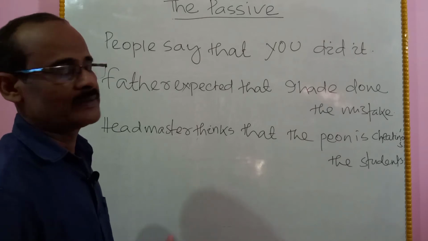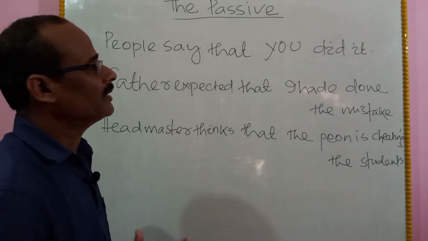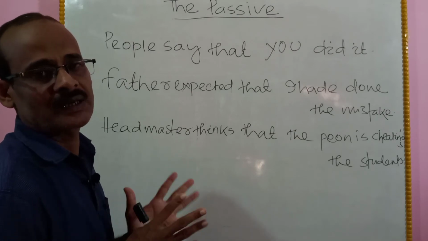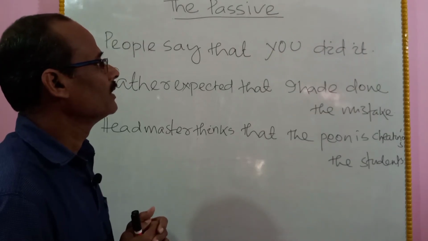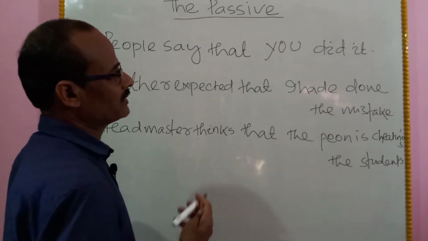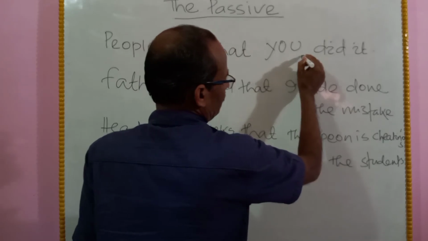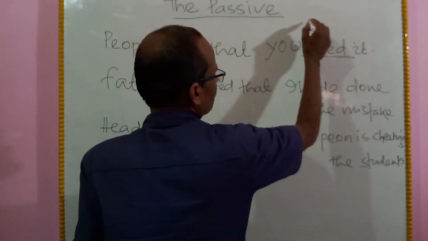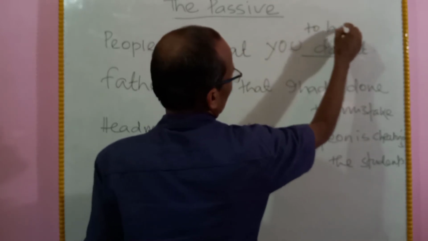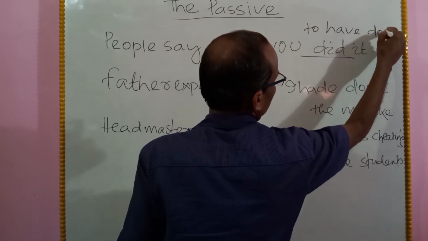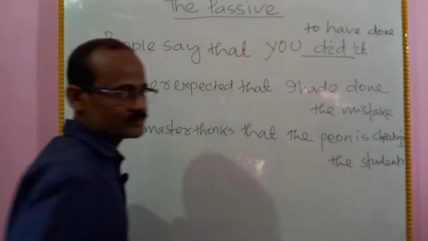I have already given the chart, the transformation chart, active to passive in these subordinate clauses. First mark the finite verb, it is in past tense. For simple past, to have V3. V3 means done, to have done.